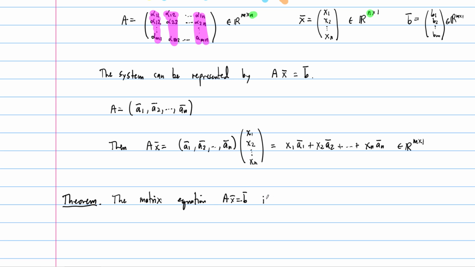This is consistent. Remember, that means there's at least one solution if and only if the vector b is in the span of the columns of A.